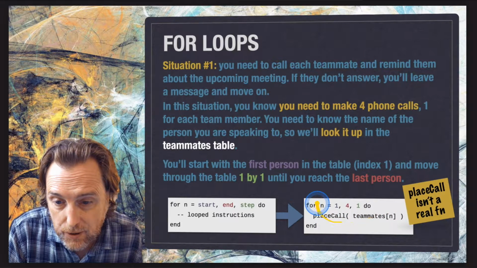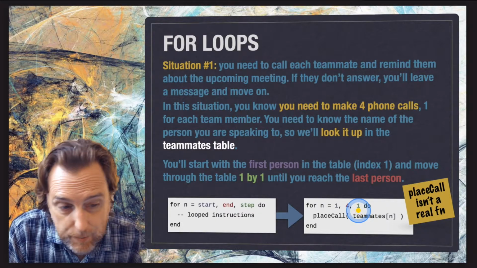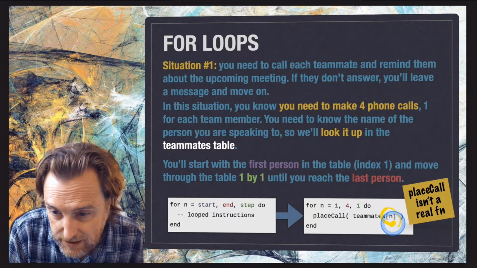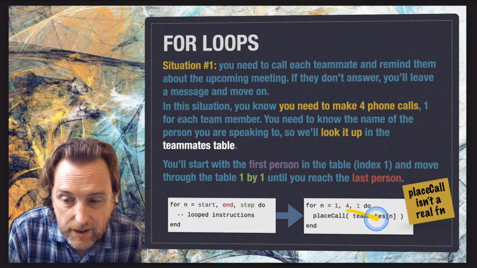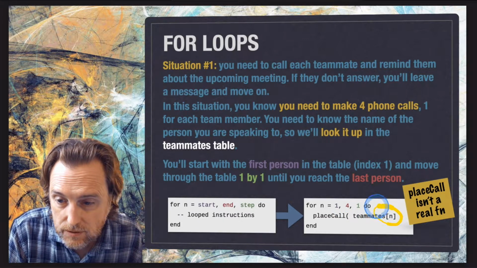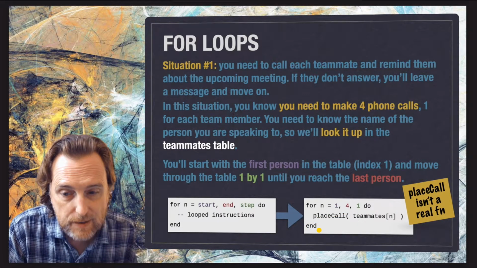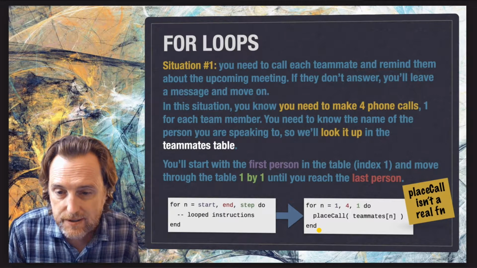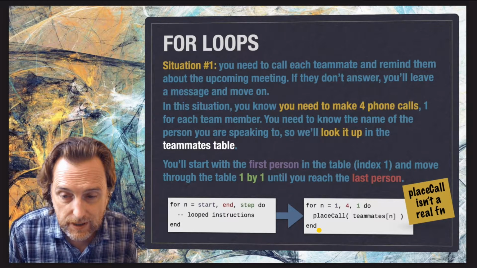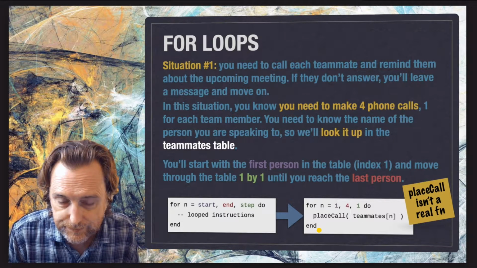And then it increments to 3 by counting up by 1 more, calls teammates 3, increments to 4, which will be the end, and calls teammates 4, and then the loop exits. So the code inside between do and end will run 4 times. Each time it runs, it's able to use an integer index that is counting up, called n in this case.